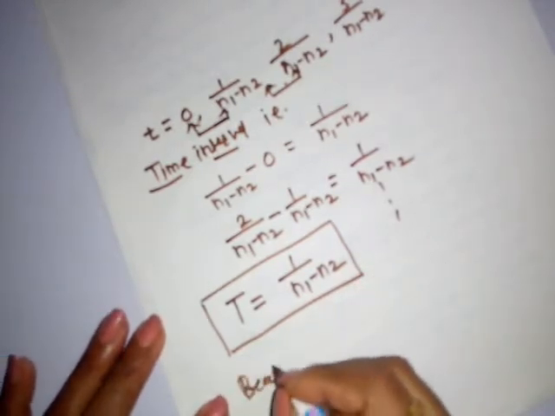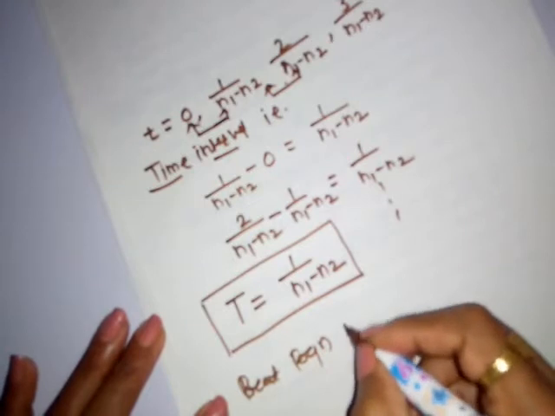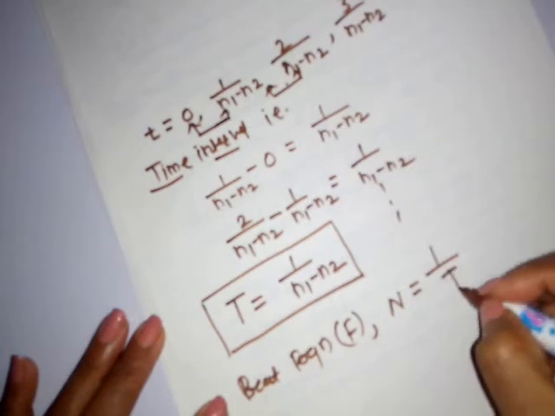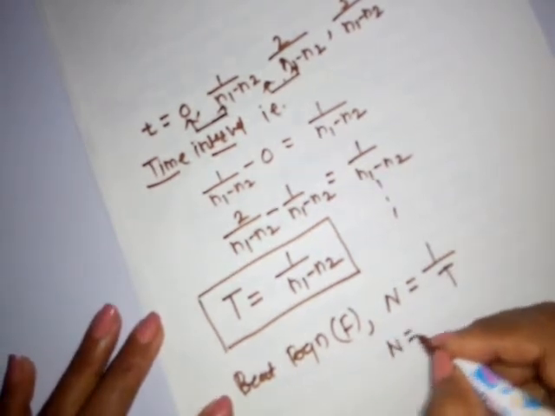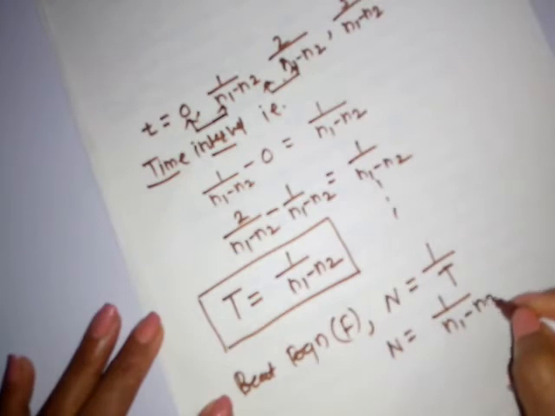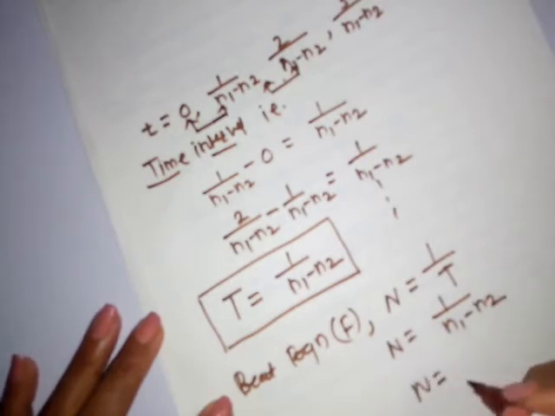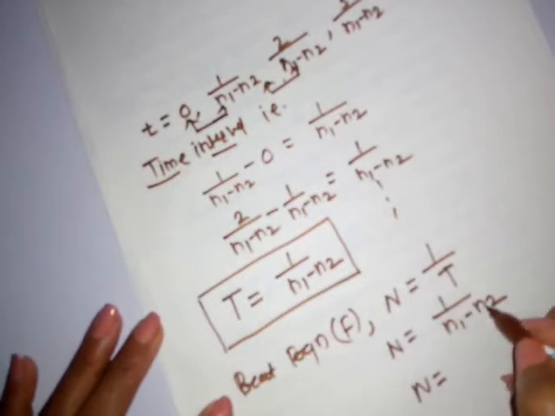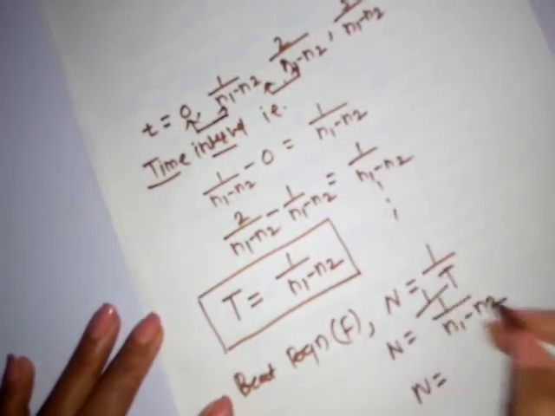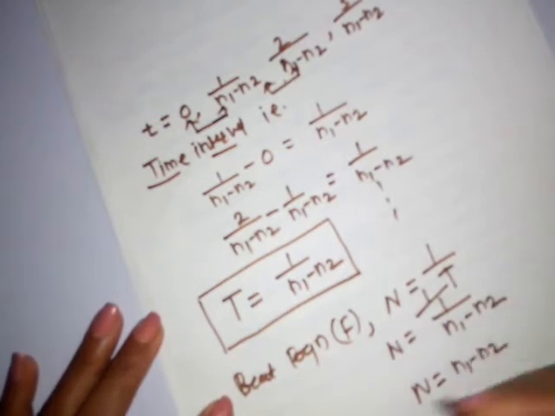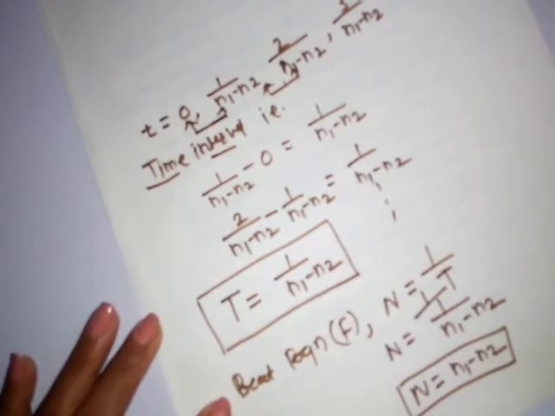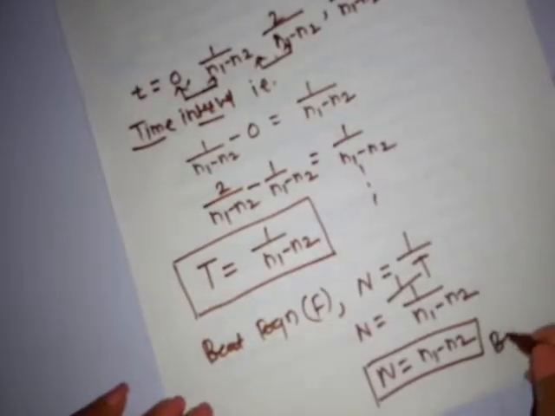Now the beat frequency is given by f, or it is also denoted by capital N, which is nothing but the reciprocal of periodic time T. Therefore N is equal to 1 upon T, where T is 1 upon n1 minus n2, and this is the reciprocal, means 1 upon this. Then this becomes n1 minus n2. Means here this represents the beat frequency.